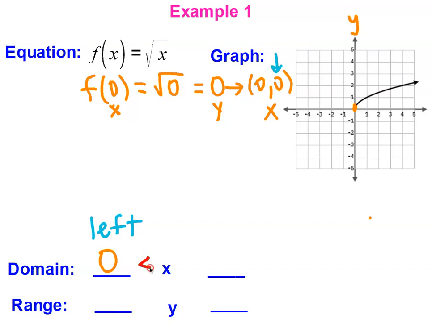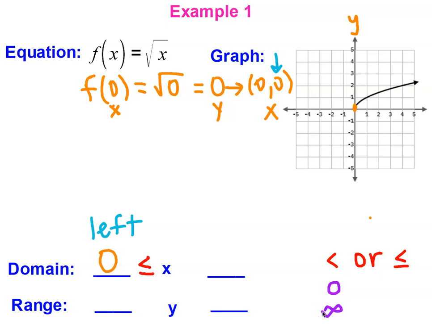Okay, so you have two choices when you're writing the domain and range using inequality notation. You're either going to use a less than sign or a less than or equal to sign. When you use a less than sign, you would see an open circle on the graph, or you're going to see one of the infinities.